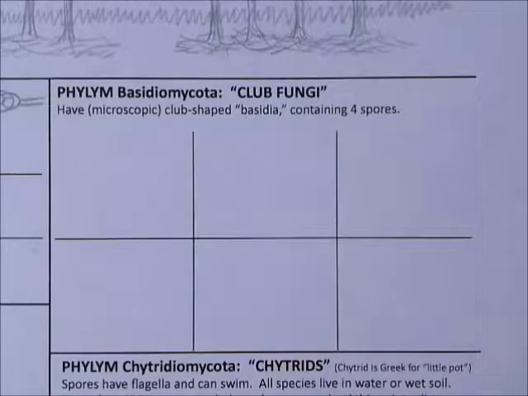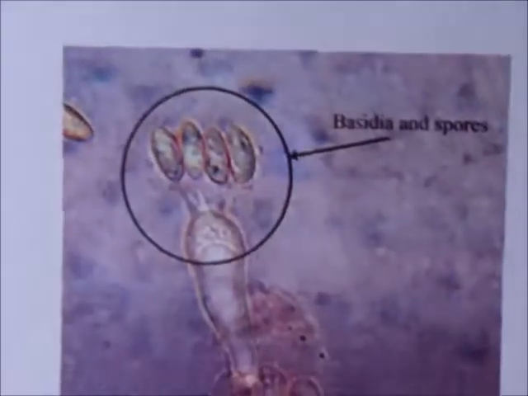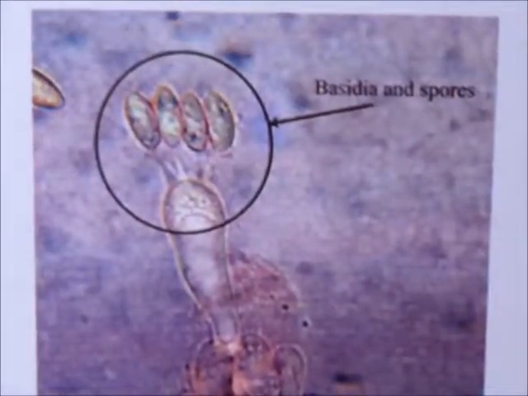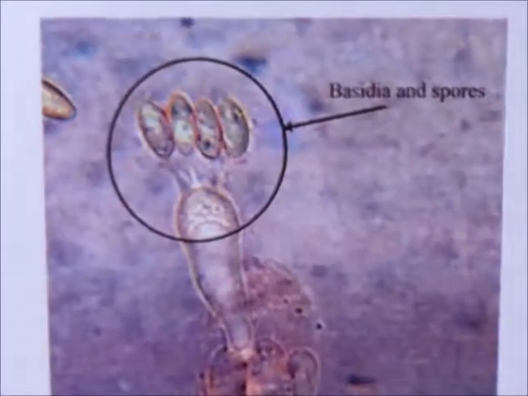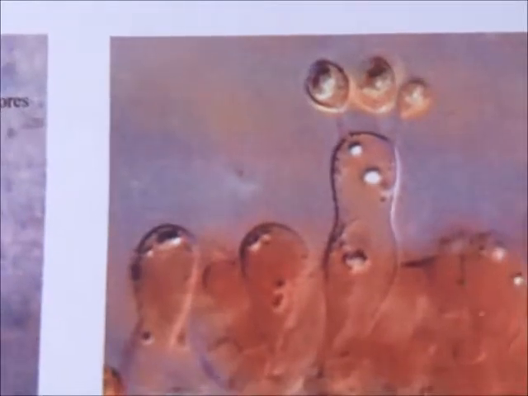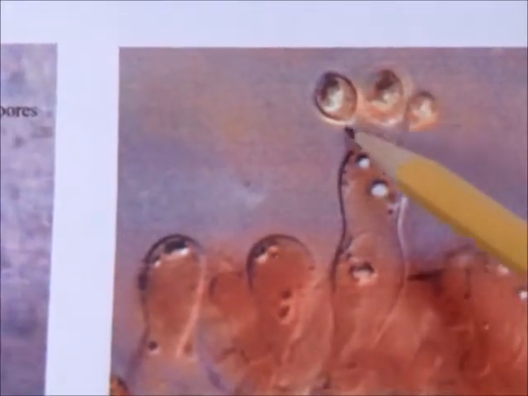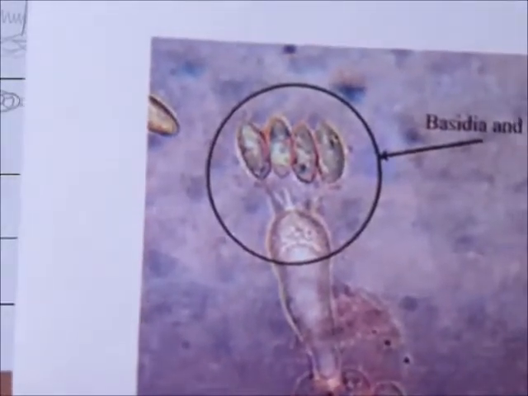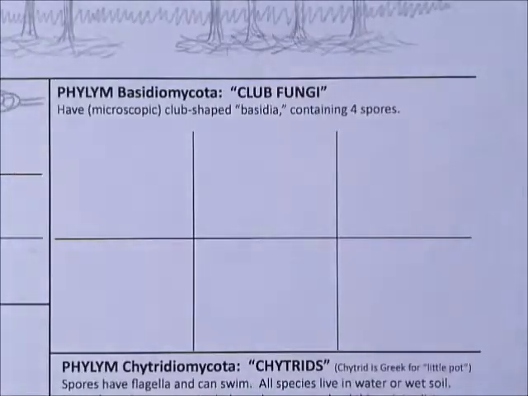And let me show you a better picture. This is an actual microscopic view. And there they are. There's 4 of them. There we go. These are the clubs. Here's another picture. This one you can't see the 4th one. It looks like there's only 3. But they're roughly club shaped. I don't know. To me, they don't really look like clubs, but whoever discovered them thought they looked like clubs.